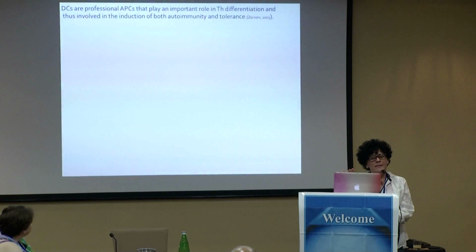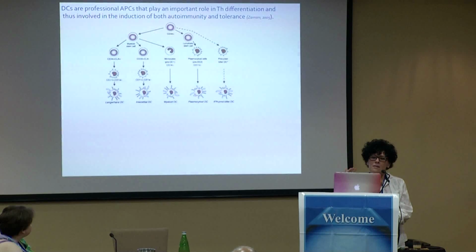So dendritic cells are professional antigen-presenting cells which play an important role in Th differentiation and thus are involved in the induction of both autoimmunity and tolerance. There are two main lineages of dendritic cell differentiation.